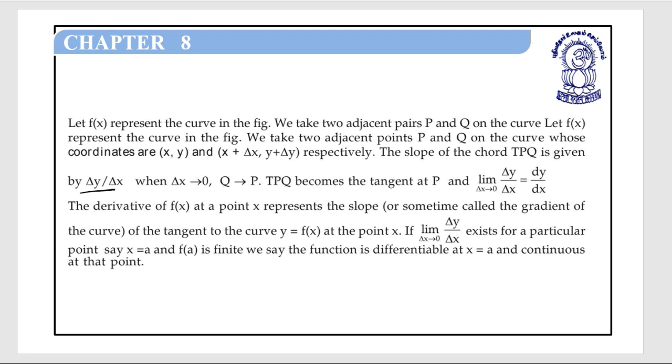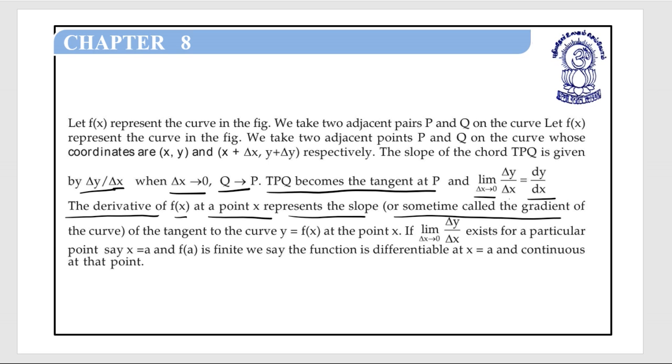The slope of PQ is given by del y by del x. When del x tends to 0, Q tends to P, and the chord PQ becomes the tangent at P. Limit delta x tends to 0, delta y by delta x is equal to dy by dx. The derivative of f of x at a point x represents the slope, or sometimes called the gradient, of the tangent to the curve y is equal to f of x.